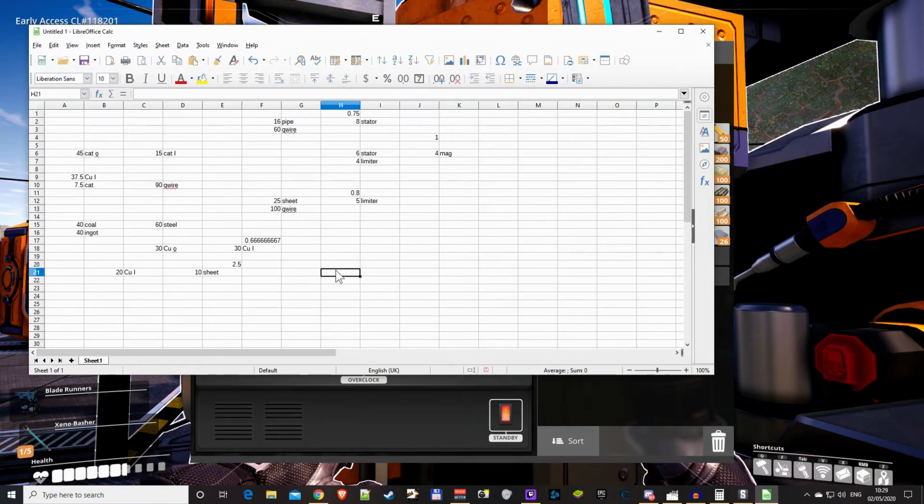So this one times this one times this one. Oh, I skipped one. Let's redo it. So the limiter, the sheet, the ore, I mean the ingots.